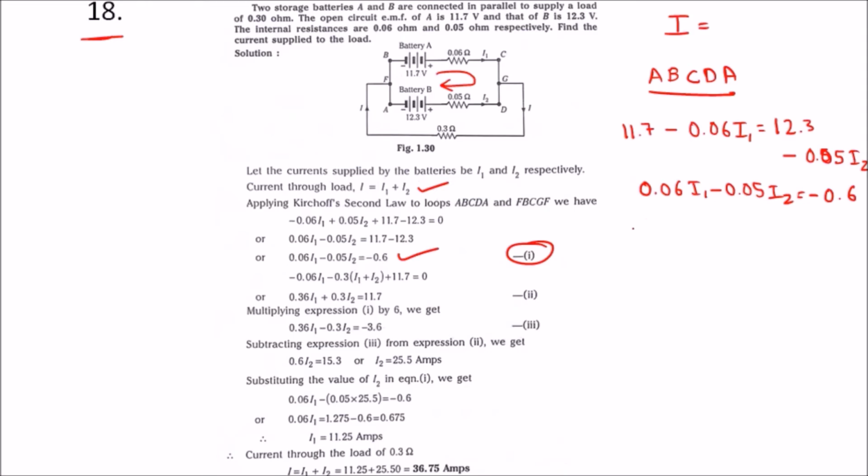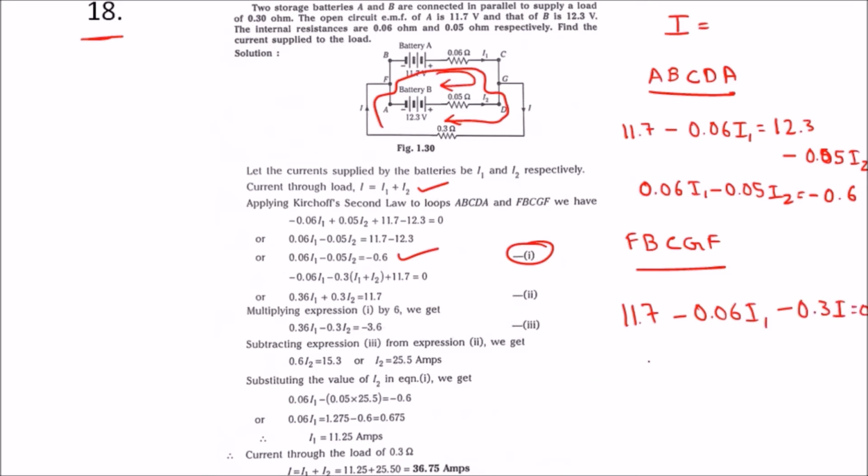The same Kirchhoff's second law for loop 2. That may be loop 2, which is going as I am showing. So this is loop 2, that is F, B, C, G, F. When we write, we'll get 11.7 minus 0.06 I1 minus 0.3 I is equal to 0.